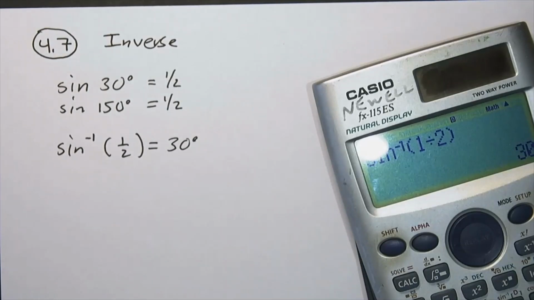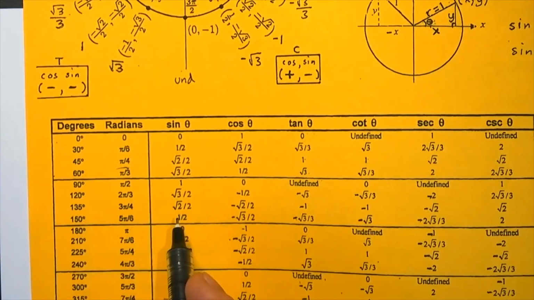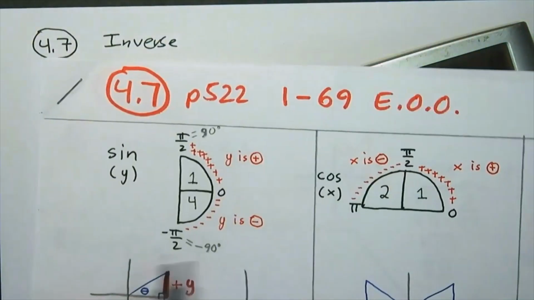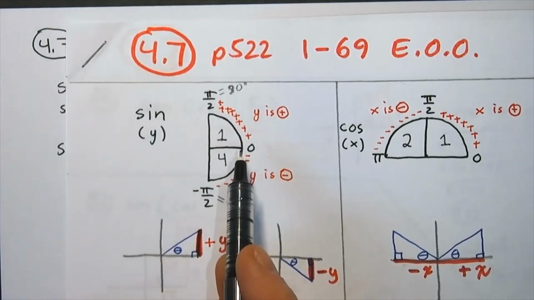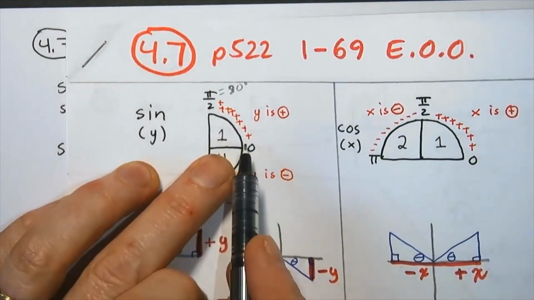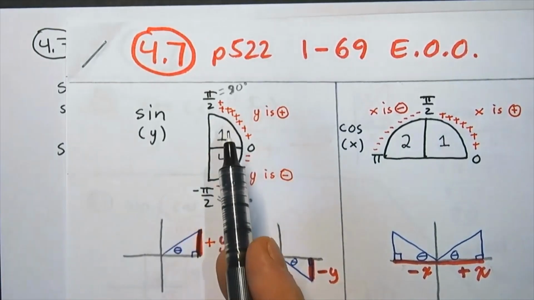On my sheet, I saw sine of 30 was 1/2, but also 150 was 1/2. What the calculator is going to do is find the quickest answer it can. It's going to look at 0 and say, what answer is closest to 0? It's either going to go up or down. It's going to go, well, I found one already.